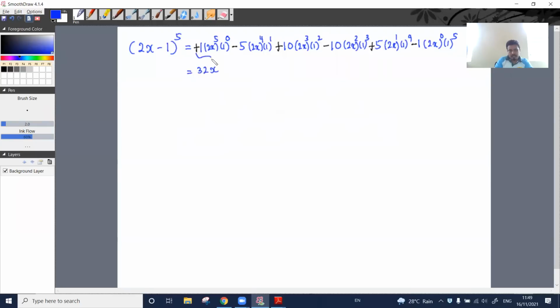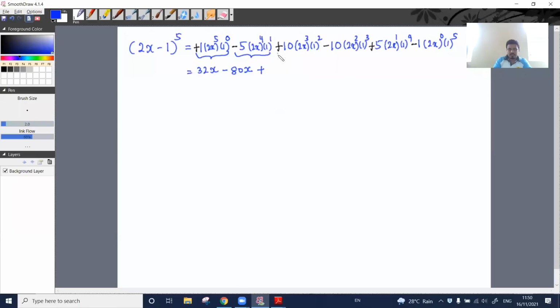32x. Minus here, what? 2 to the power 4 means 16. 16 into 5, 80. So it should be minus 80x.